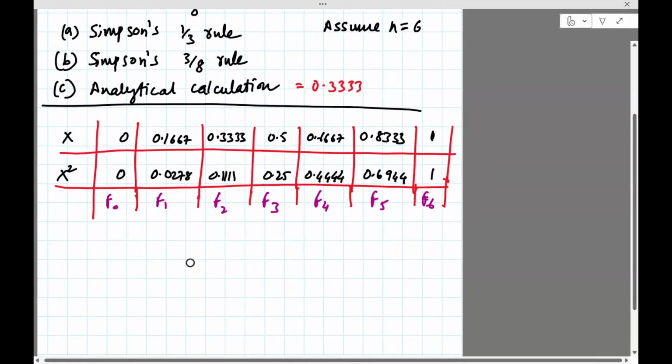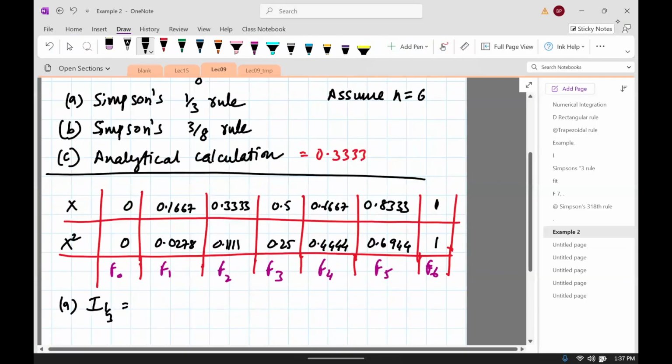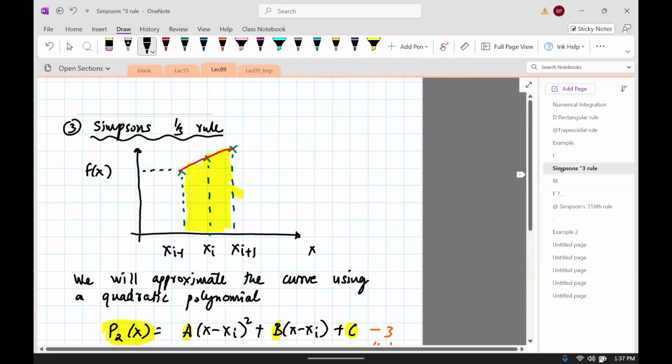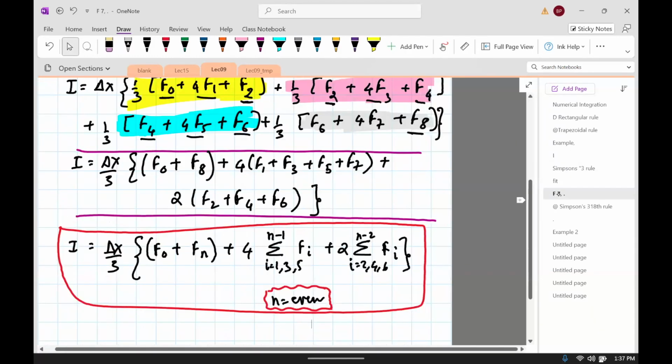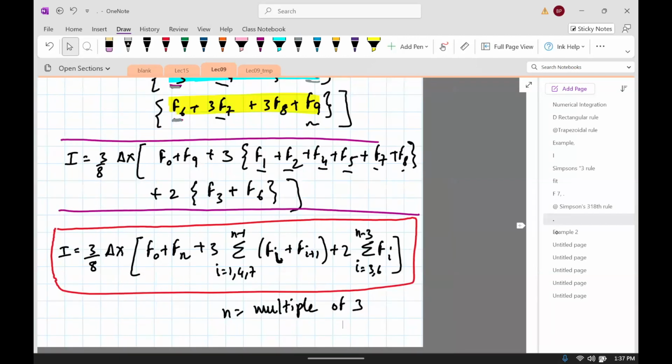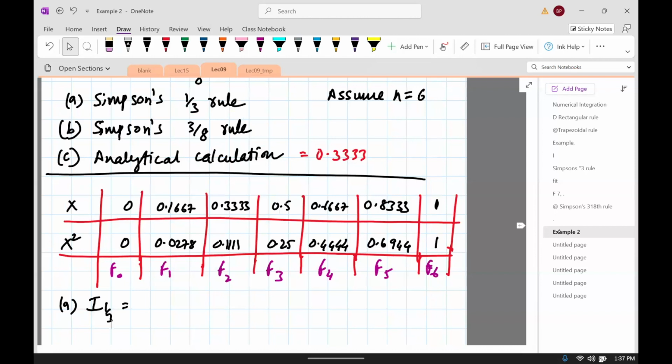Okay, and then to start, Simpson's 1/3 rule. We just take the formula which we wrote down. So this is the formula: 1/3 delta x times f0 plus fn, 4 times 1, 3, 5, 7 plus 2 times 2, 4, 6. And n equals 6 here, 6 being an even number, so it works out. Let's write down the formula based on that.